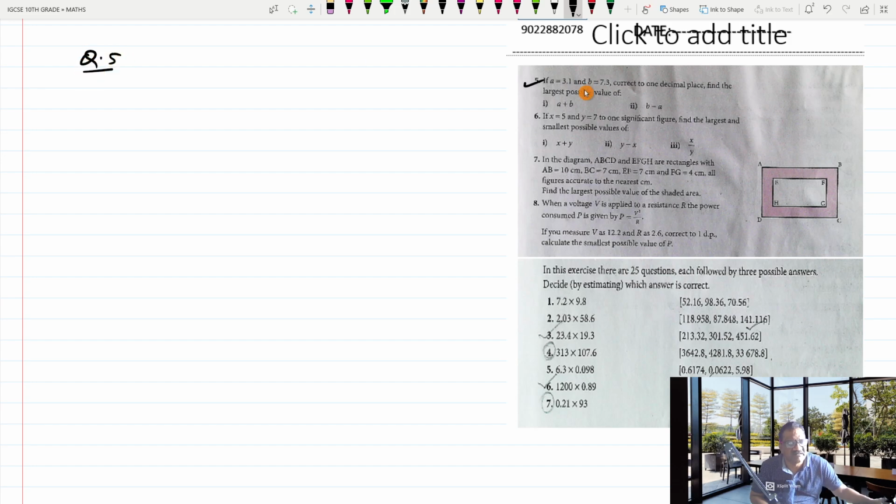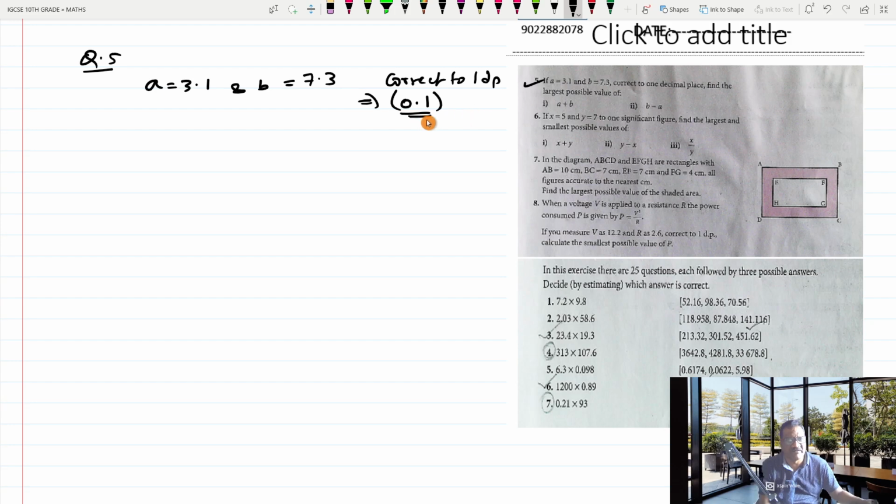Now question number 5 says that if A is equal to 3.1 and B is equal to 7.3, and this is correct to one decimal place. Now when you say correct to 1 dp, it implies that the accuracy is 0.1.